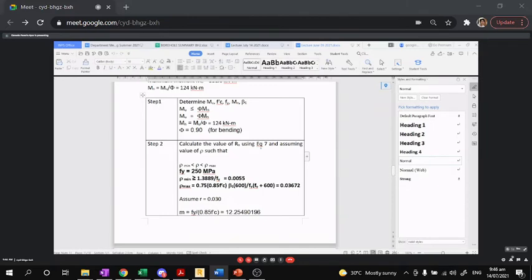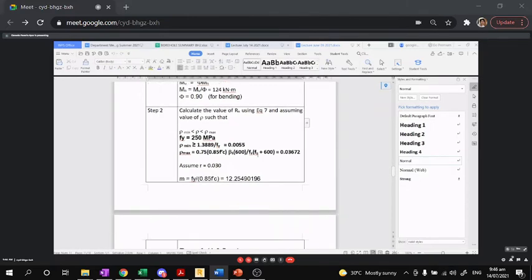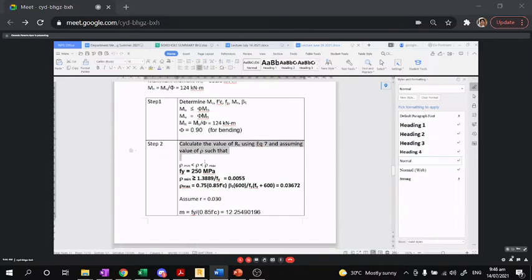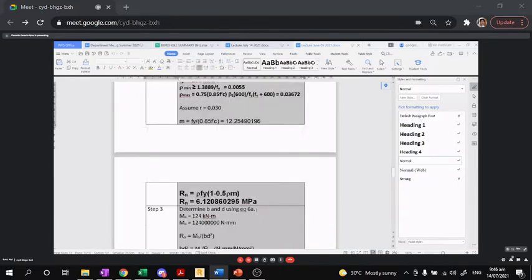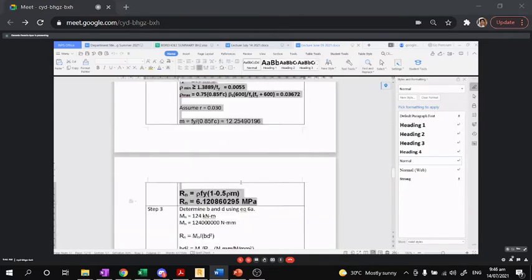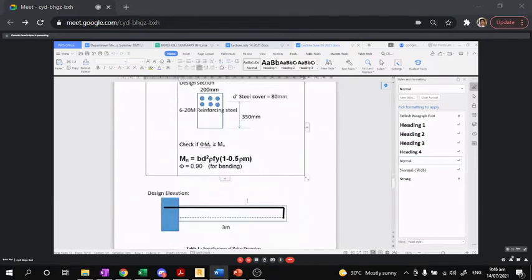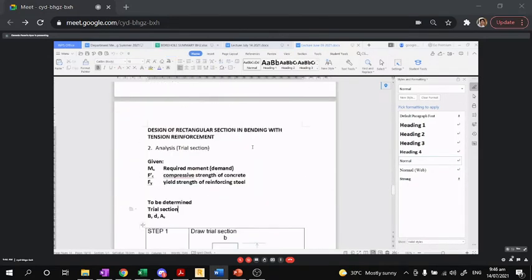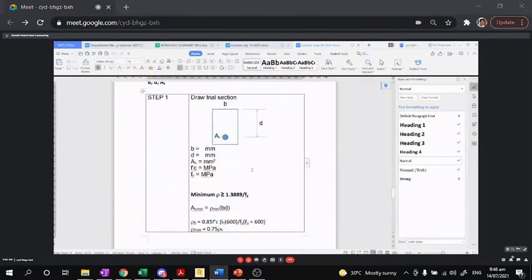So sa step 2 karon mo ni siya itong i-consider. Calculate Rn using equation 7. Dili ni mo. Okay. Tailored mo ni siya. Tailored. Natay example 2 nga trial section ang ihatag.